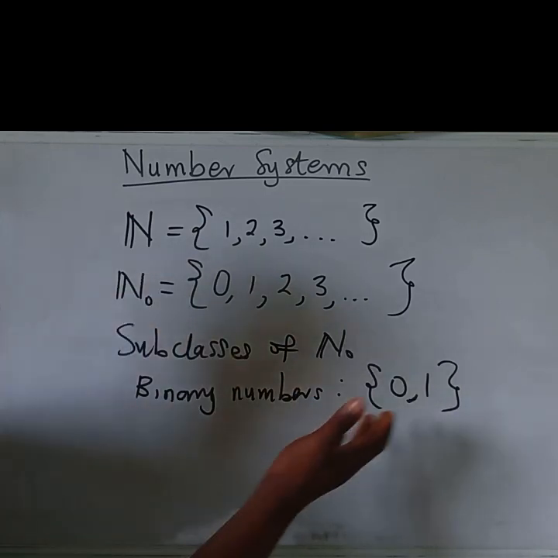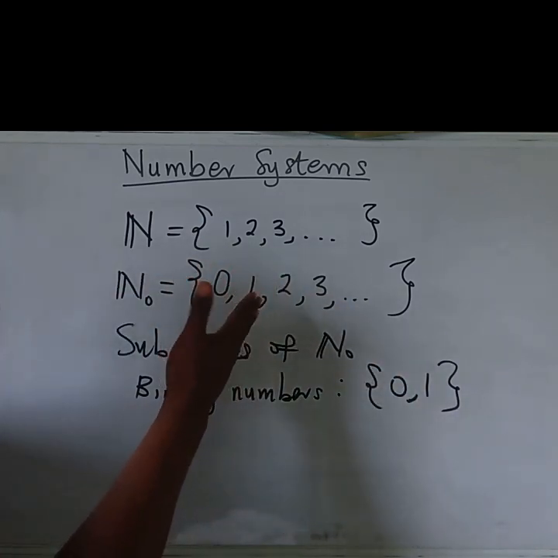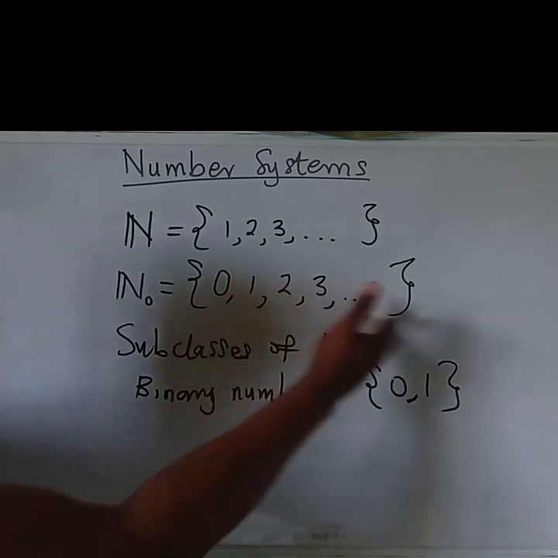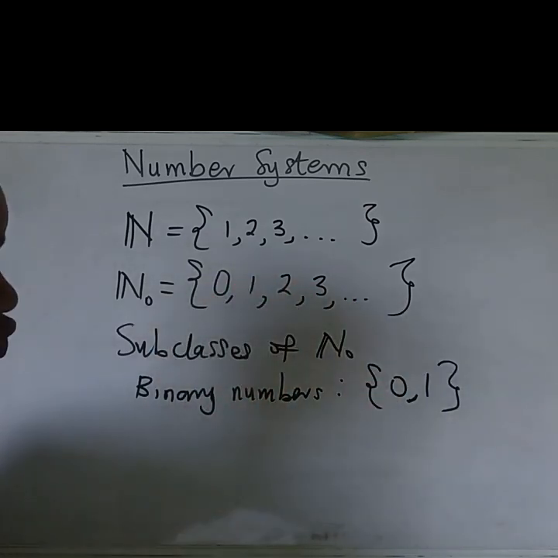We can get this by taking the first two numbers and deleting the numbers from 2 upward. Okay, this is binary number, and for some of us who are used to the binary systems, these are the numbers we mostly discuss there.